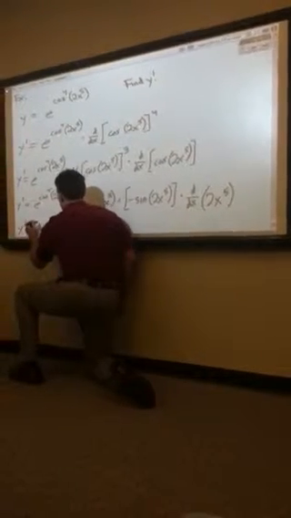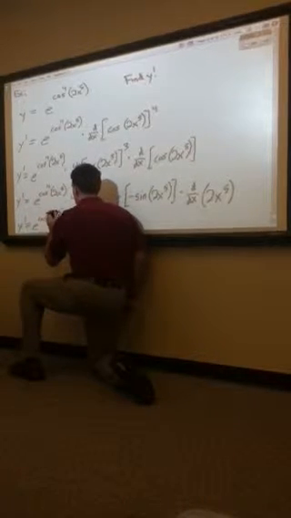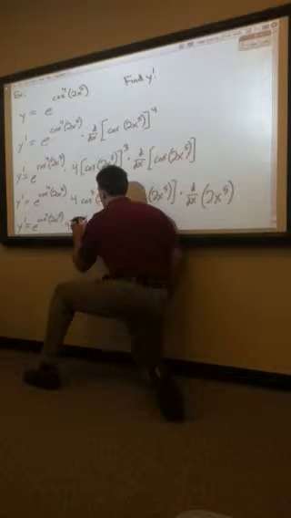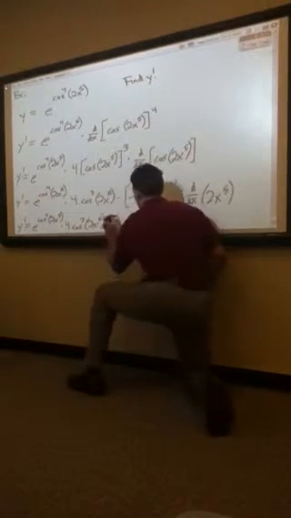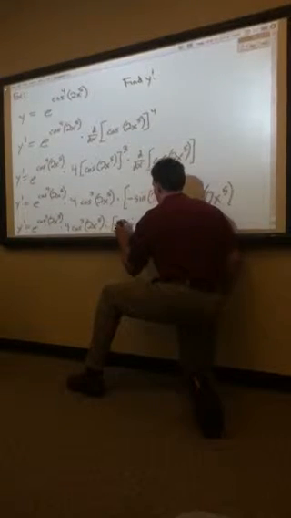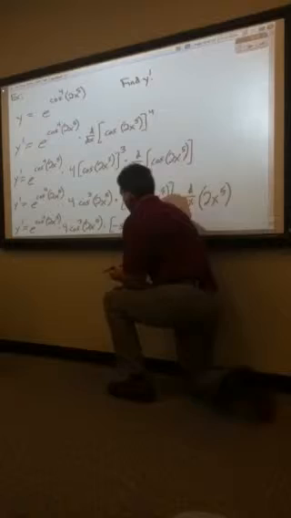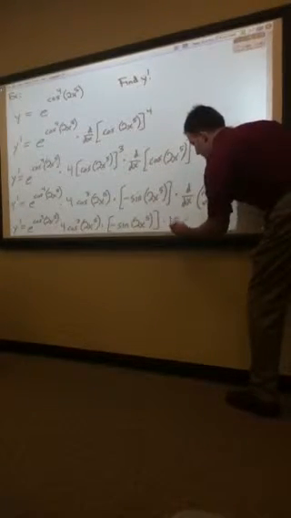So y prime equals e to the cosine of the fourth power. So I'm copying down everything. So the derivative of 2x to the fifth is 10x to the fourth.